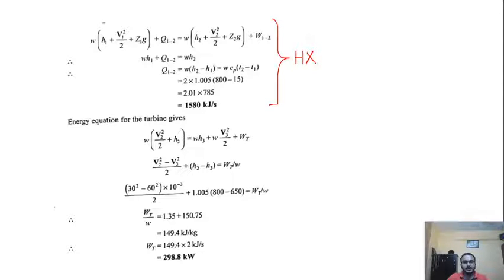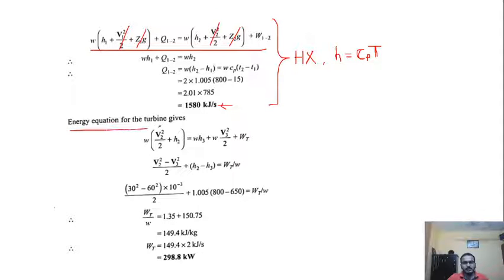Here, the equation is already known to us, where the velocity term is not considered because the velocity is almost the same in the heat exchanger. Potential energy changes are not considered, only the remaining terms are there, and instead of H we are using the formula H as Cp T. So finally we get the value of Q.